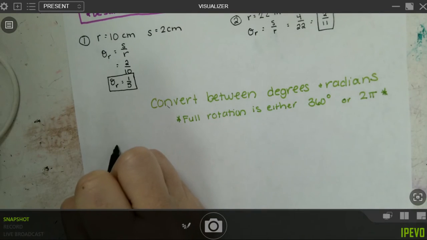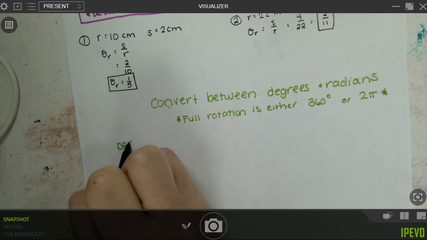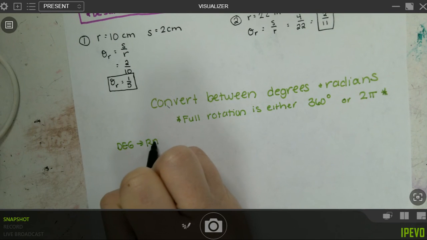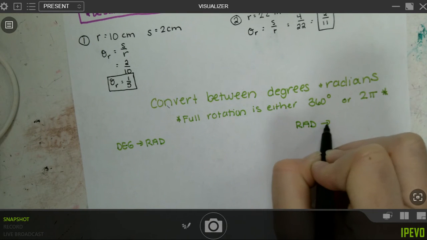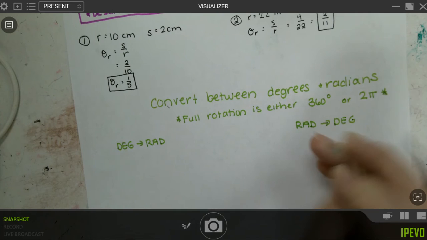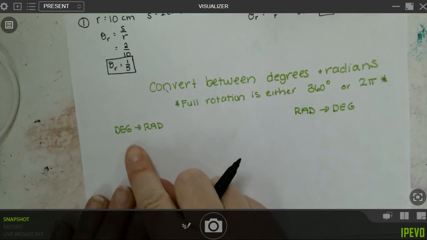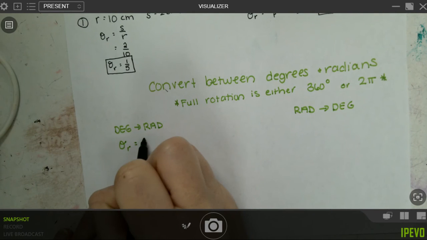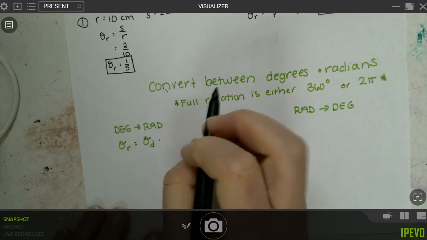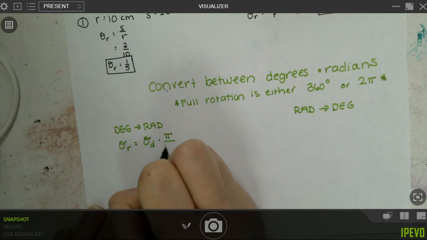So we're going to go from degrees to radians, or from radians to degrees. The formula for degrees to radians is that we take our theta in degrees and multiply it by pi over 180.